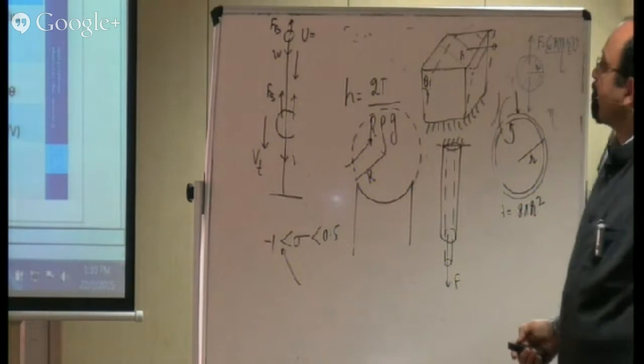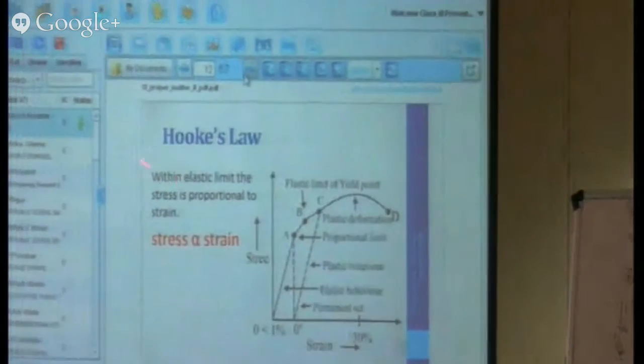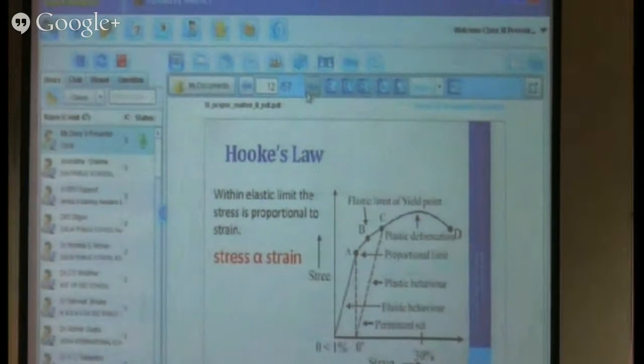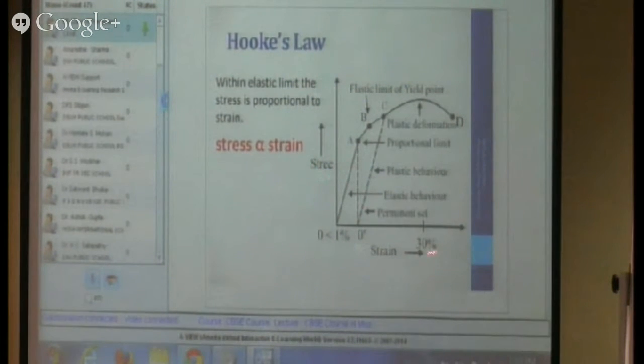Next, one of the very important laws from elasticity that is known as Hooke's law. This is stress, and this side is strain. If I take a material, say a metal, normally we have this type of a typical pattern of the variation of stress with strain.